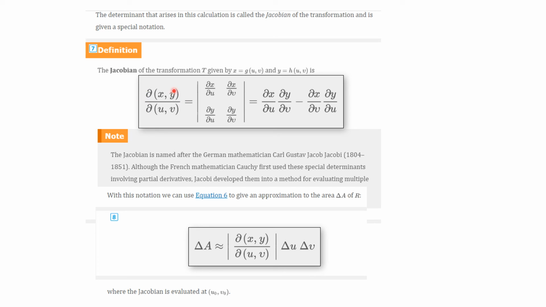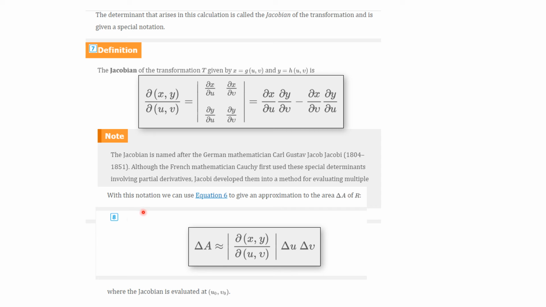So anytime you see the symbol, this is going to be the Jacobian, and it's going to be the determinant of this matrix, x_u, x_v, y_u, y_v. And that's going to be given by this relationship, this one times this one, minus this one times this one. The Jacobian is named after Jacobi, and it was used by many people.